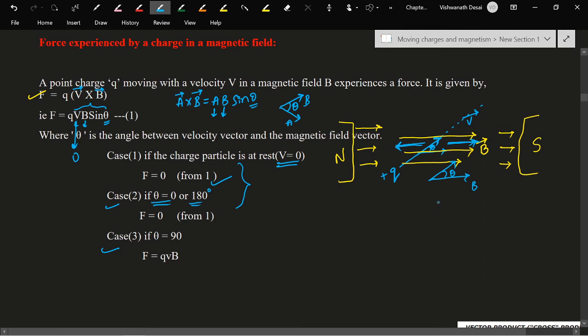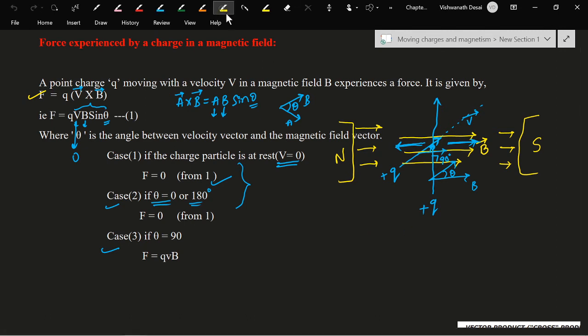That means the plus q charge is moving perpendicular to the magnetic field. Now you see the angle is 90 degrees. In that case, it experiences a maximum force and starts circulating around the magnetic field.